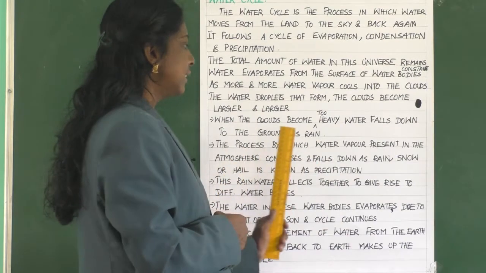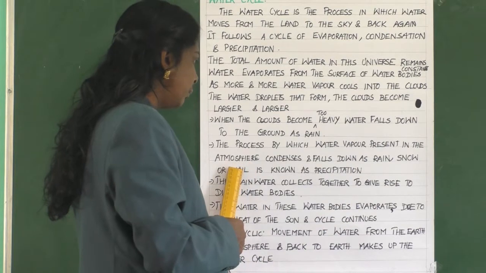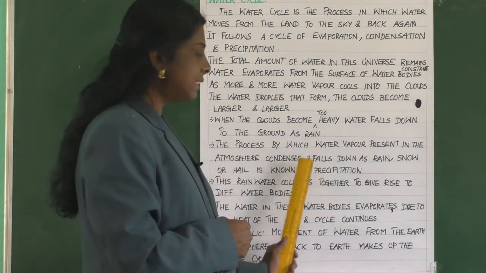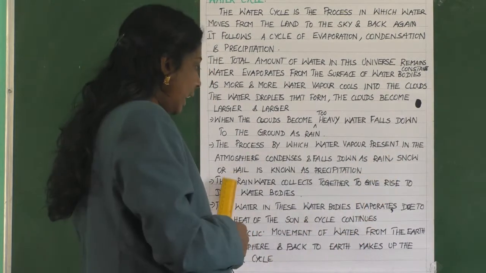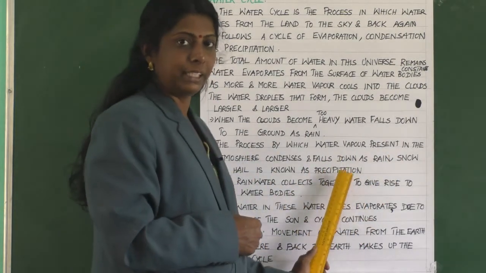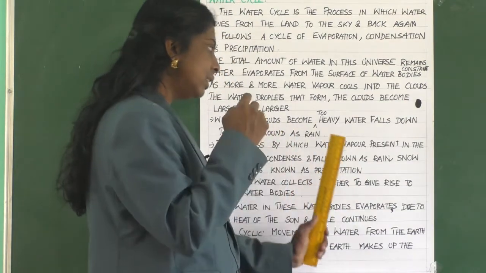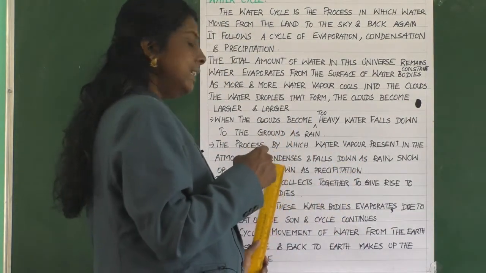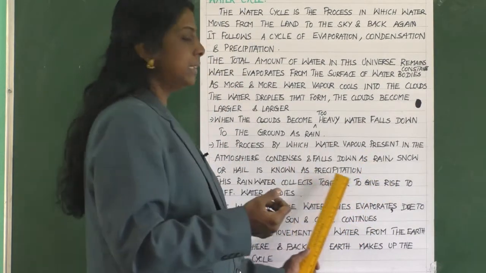The process by which water vapor present in the atmosphere condenses and falls down as rain, snow or hail is known as precipitation. What is precipitation? The process by which water vapor condenses and falls down as rain is called precipitation.